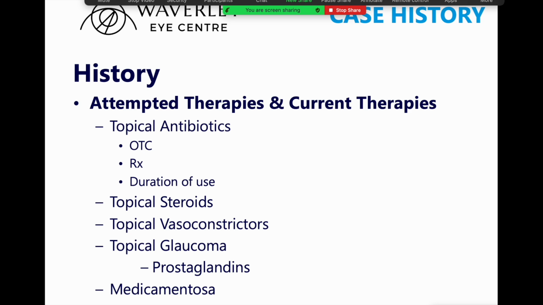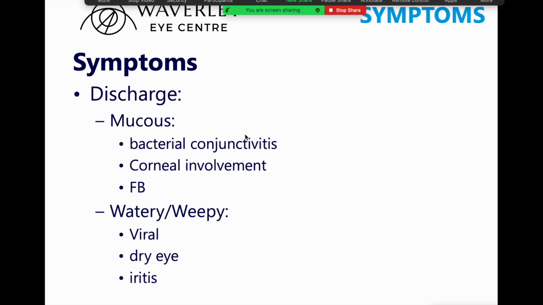I'm on all these, and it's actually the drops. The problem might have been solved long ago, but the drops are causing the problem. So a lot of times in those cases, the first thing I do is say, stop all the drops you're using. Let's see what this looks like in a week, and see if it goes away. A lot of times it seems like it solves the problem.